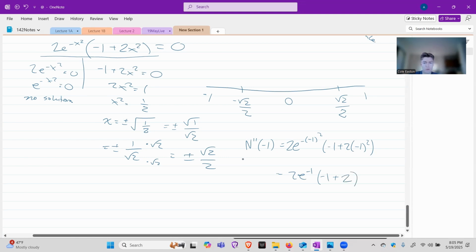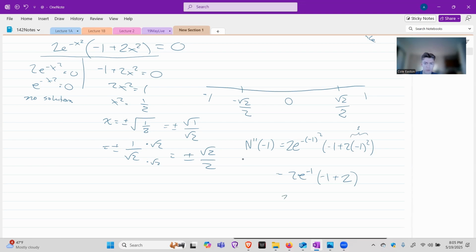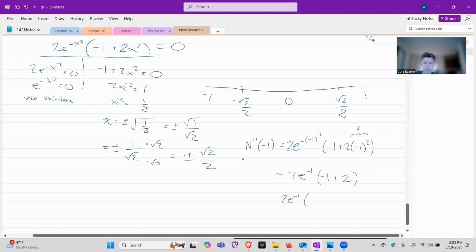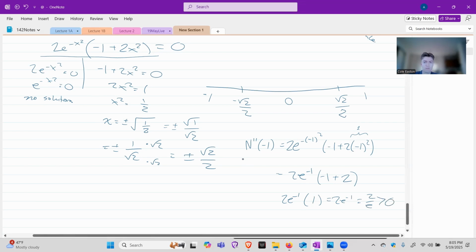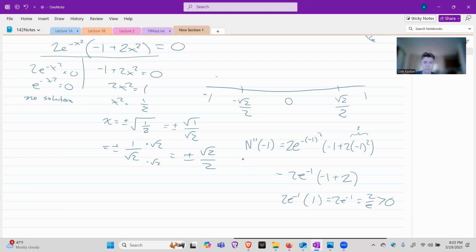Right, -1 squared is just 1. So this gives us 2e to the -1 times 1, which is 2e to the -1, which is 2 over e. And so that's positive. So we have a positive concavity right here. So we're concave up.